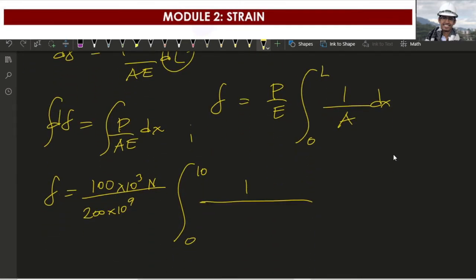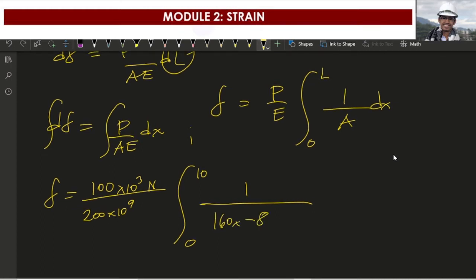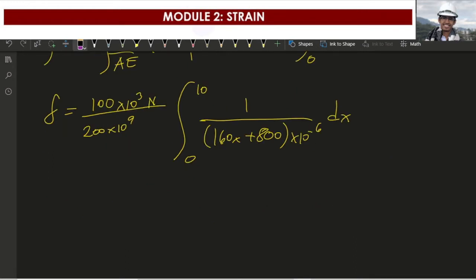That is equal to 160x minus 800 plus 800, this is times 10 raised to negative 6 dx. Okay, so we can actually input directly the equation into our calculator.